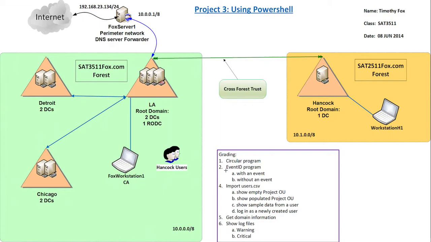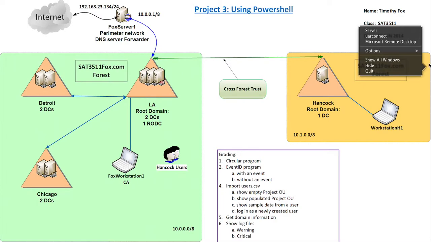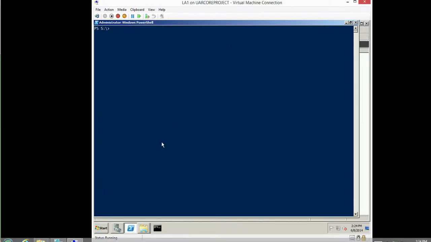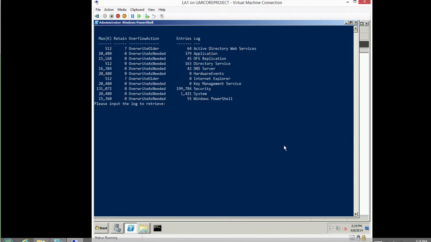The second one is the event ID program. First, I will demonstrate with an event. So back on LA1, I will execute Event Maker. Event Maker will list the different logs. Let's look at the application log, and let's look for event ID 1003.